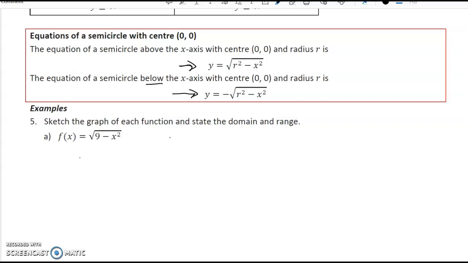So if we look at this first example, it says sketch the graph of each function and state the domain and range. Straight away looking at this equation, we know it's a semicircle, and in front of that square root it's a positive, so that means it's going to be above the axis.